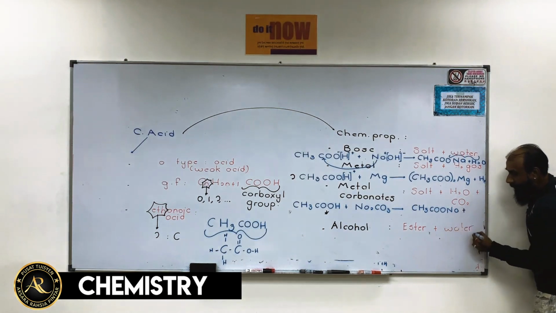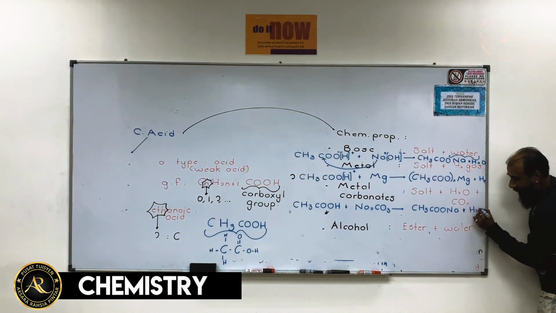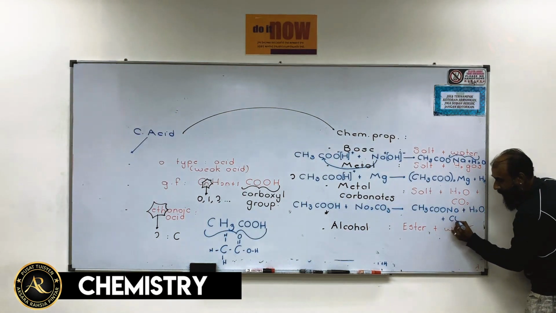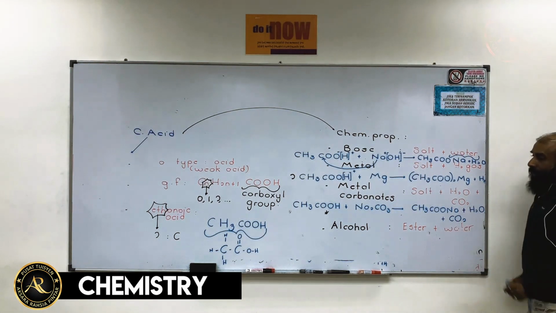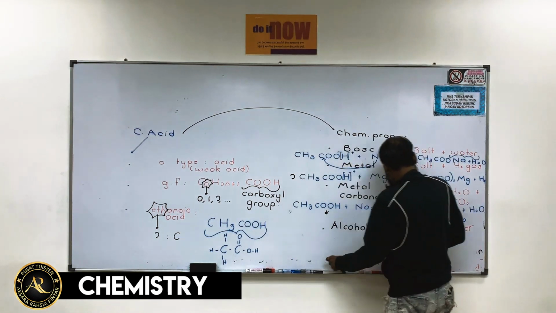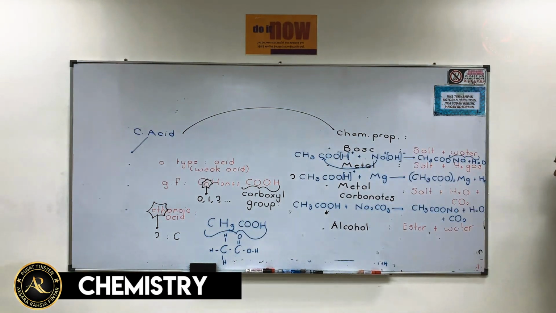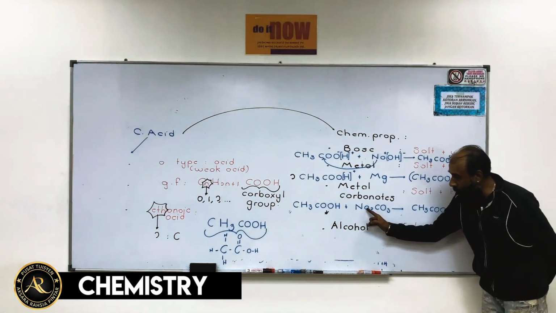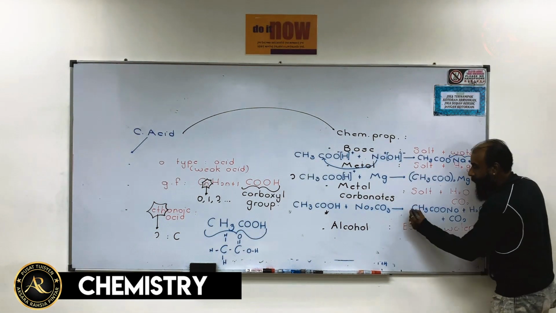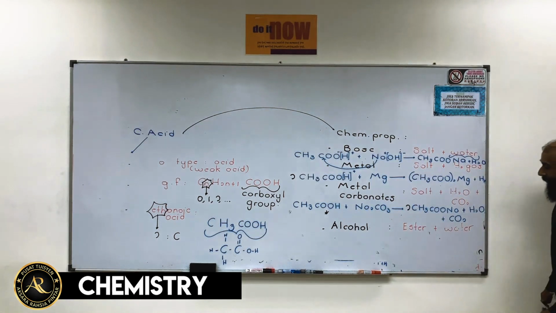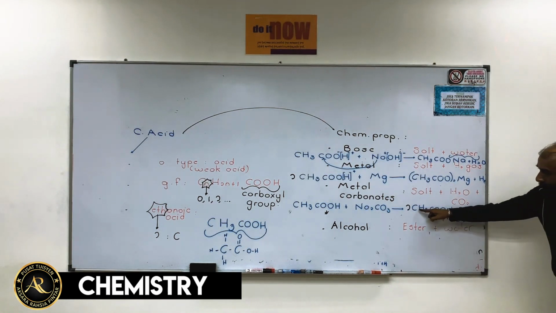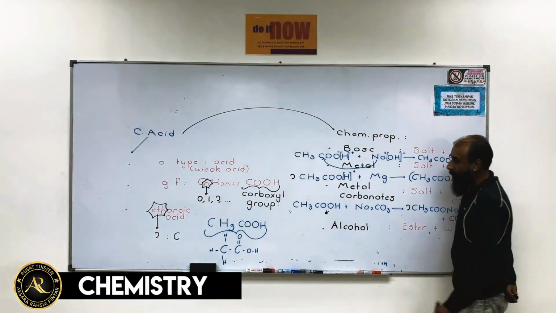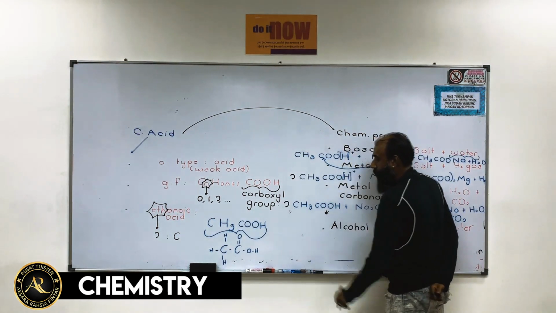Plus H2O plus CO2. Now what about balancing? Do I need to balance? Yes, sodium is 2, so I put a 2 here. And carbon, 1 plus 2 plus 1, so total, I will put a 2 here.